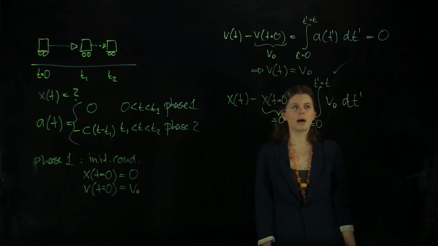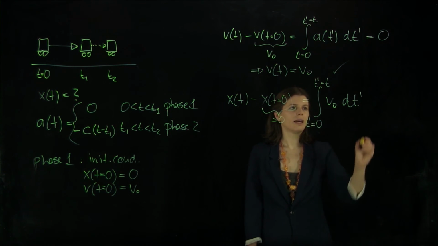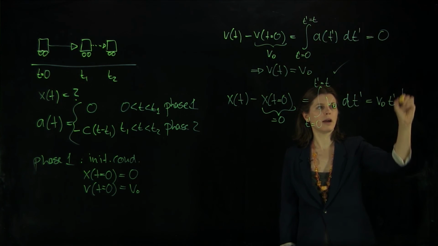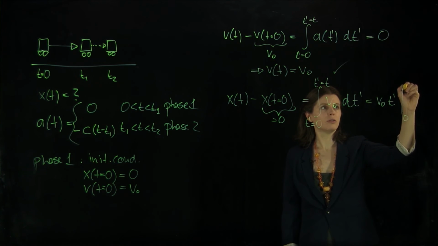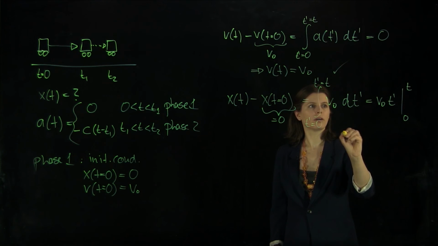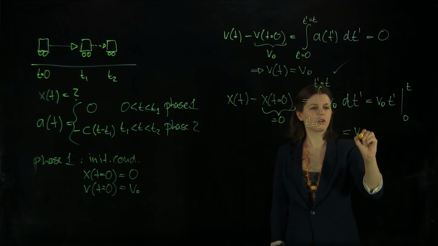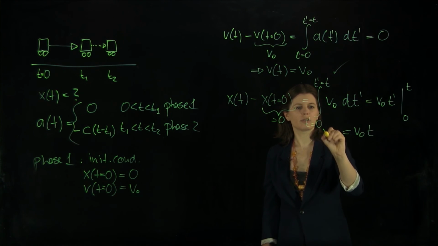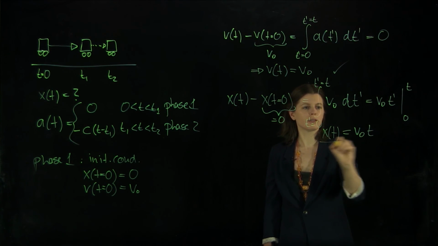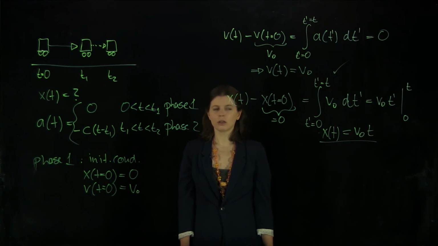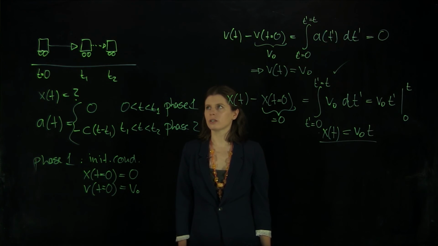These are our boundaries. And this is simply going to be v0 t prime evaluated from 0 to t. And we can add that in there, and it's just going to be v0 t. So x of t, I can just write it here again, x of t equals v0 t. Okay, good. So half of the problem is solved.